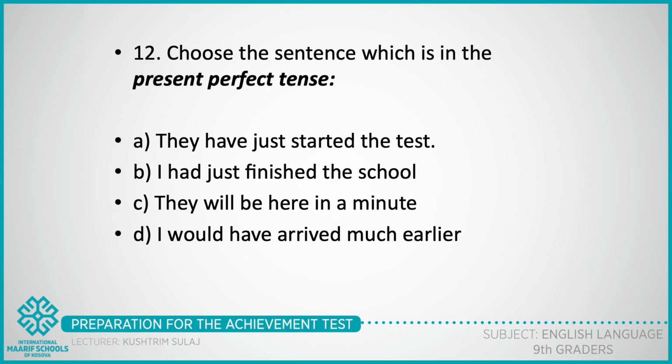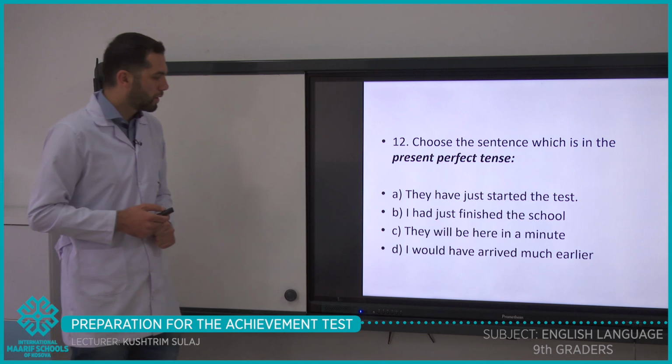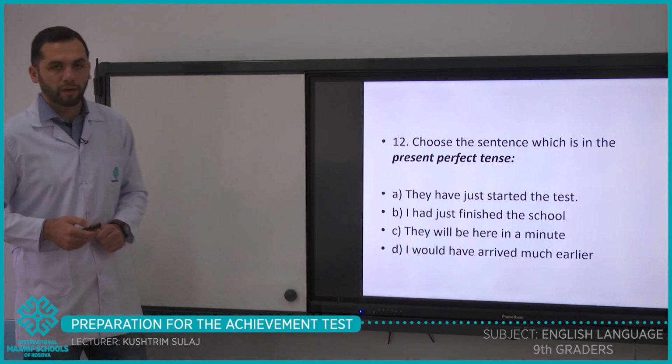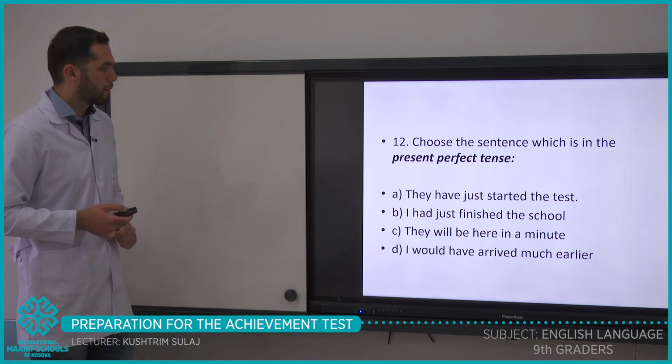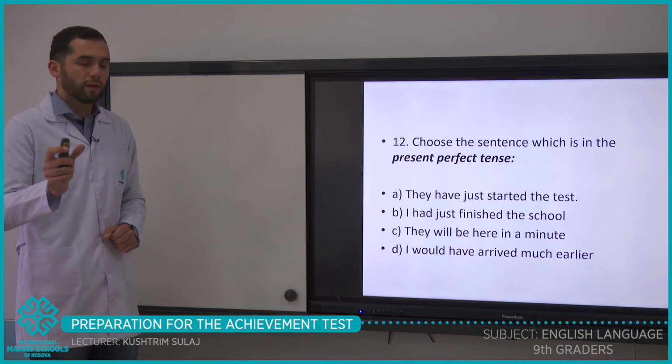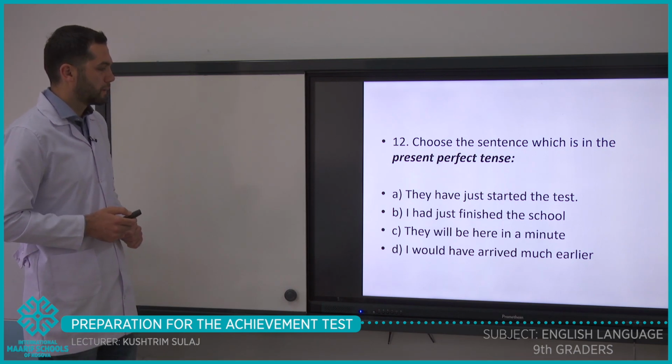Number 12, choose the sentence which is in the present perfect tense. They have just started the test. I had just finished the school. They will be here in a minute, and then I would have arrived much earlier. What is present perfect here? And what's the formula of the present perfect?